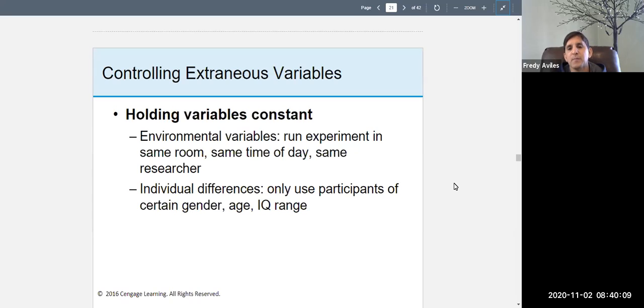And you run your experiment only with those people. That's what holding constant means. It means you make it the same. So if IQ can cause differences in the memory scores, well then you narrow down the IQ so it doesn't vary. If it's age, you narrow down the age. If it's gender, sex, then you can hold that constant by not letting it vary. Okay, that's what we mean by holding it constant.